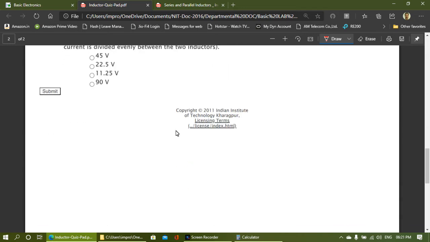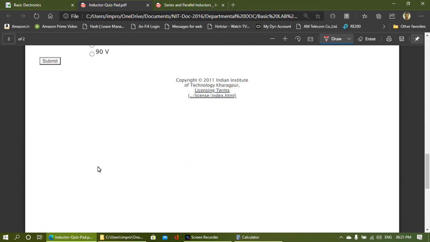For this calculation, we will go to here. Then we can write 2.5. Sorry, the writing will not be so good, so please bear with it. So we assume the unknown inductance as x.